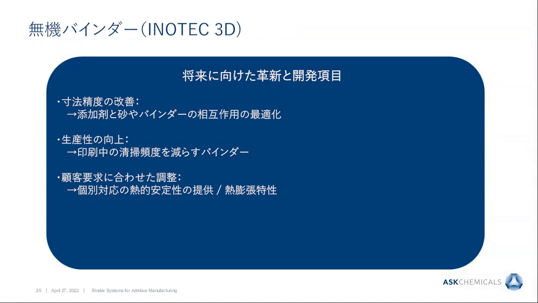Cleaning always means a loss of time, and therefore printers with less need for cleaning would be even more suitable to increase productivity. And of course, adjusting to customer needs. So we want to be able to offer tailored thermal properties of the cores so that each customer can use their binder system for their specific casting process.